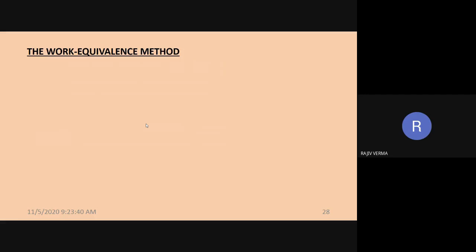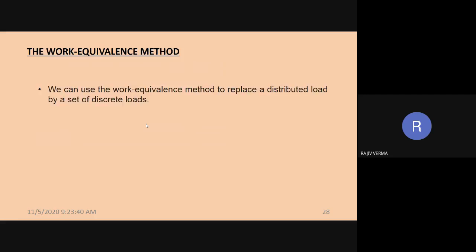So you are basically conserving the energy. We can use the work equivalence method to replace a distributed load by a set of discrete loads. So we are replacing a distributed load with a discrete load.